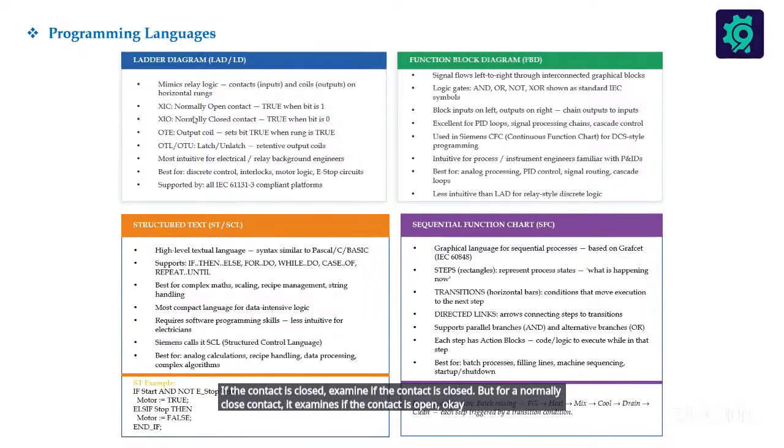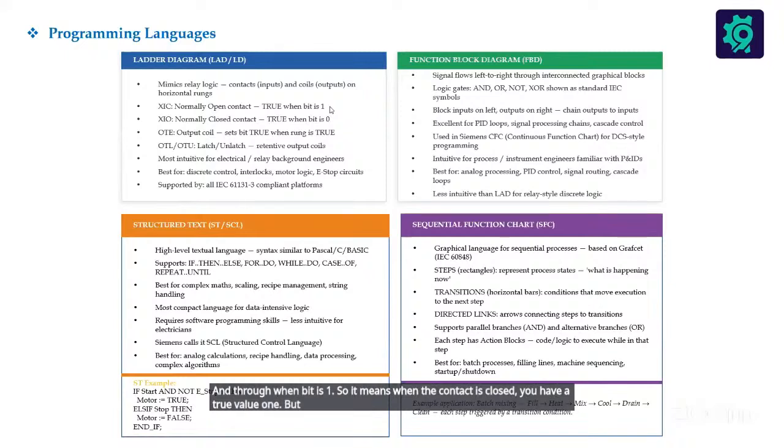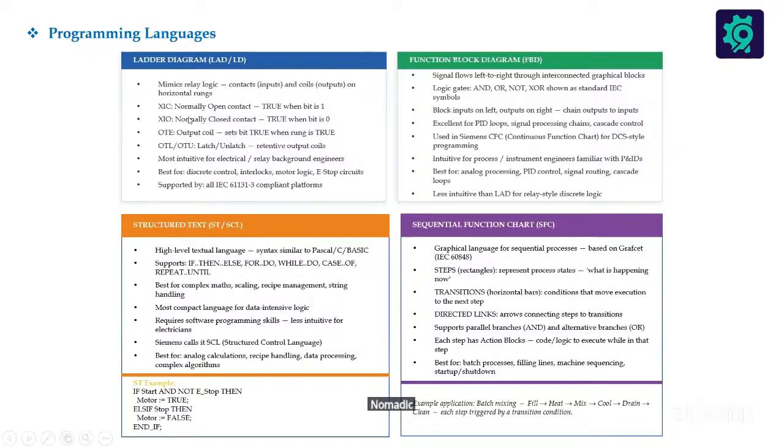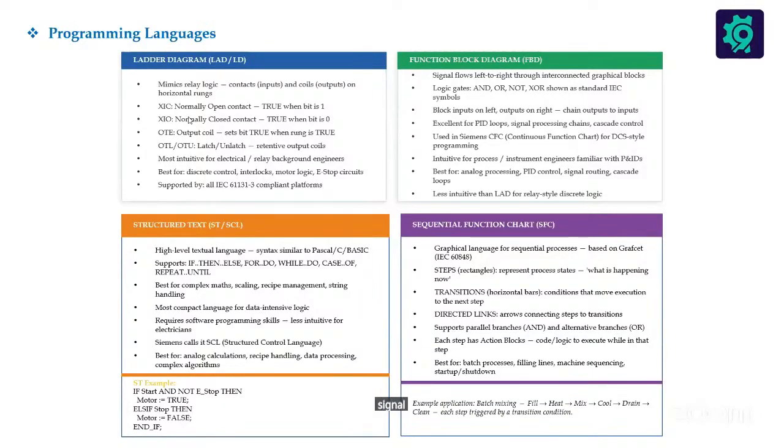Okay, so like I said, the examine if closed, XIC, is the normally open contact, and it is true when the bit is 1. So when the contact is closed, you have a true value, 1. But when the contact is not closed, you have a false value, 0. For the examine if open, it is the normally closed contact. What it does is it examines if open. If it is open, then it gives you a true signal.